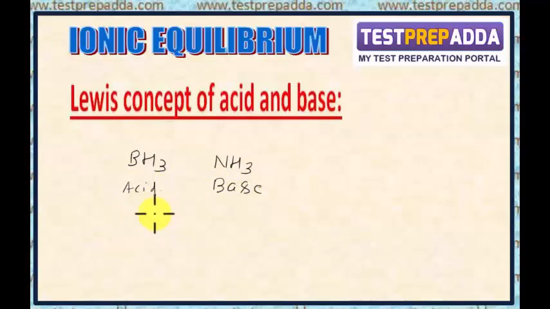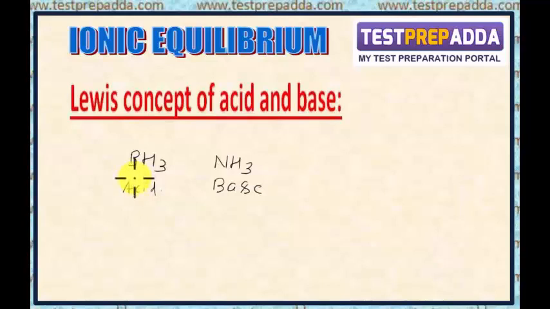Now, if I use the concept of Lowry and Bronsted, BH3 should give H plus proton when treated with a base or when dissolved in water. But BH3 is not a protonic acid.